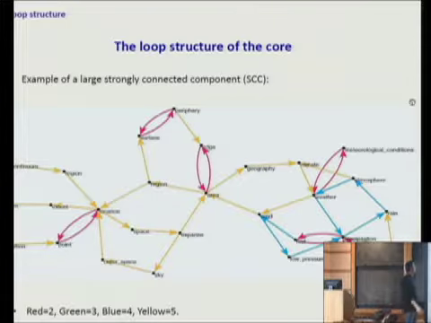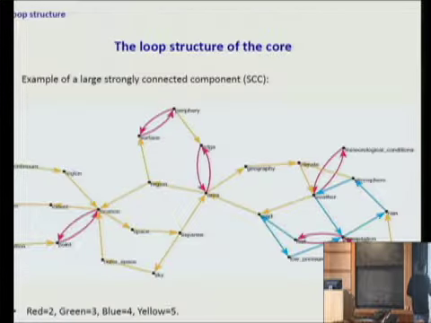So here you see one example of a strongly connected component, with this label of length. Red edges belong to 2-loops, like the one between point and location. These are words that are used in the definition of each other.